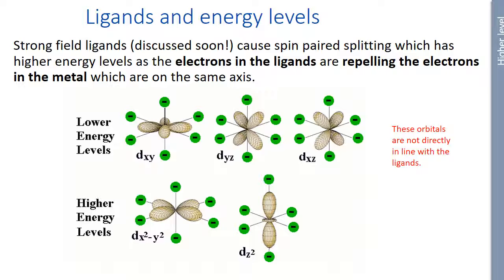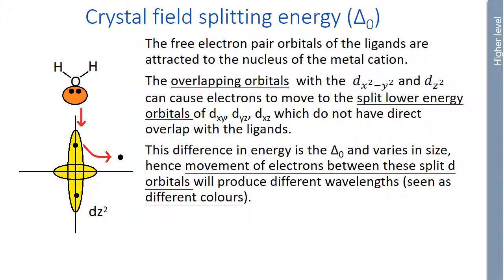Okay, remembering of course that that only happens if the electrons of the ligands are on the same axes as the electrons in the middle, or in the metal. So you see this in terms of crystal field theory, in terms of the energy splitting. Okay, so you've got a free electron pair from the ligands, and obviously the electrons are attracted to the nucleus of the metal cation because it's nice and positive.